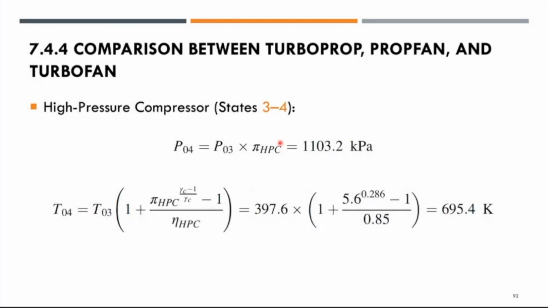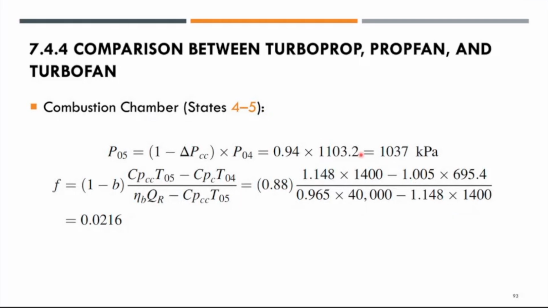Moving into the high pressure compressor, state 3 to 4, the high pressure compressor ratio times P03 gives P04 of 1103.2 kilopascal, and T04 is equivalent to 695.4 Kelvin. In terms of the combustion chamber, state 4 to 5, you have the pressure drop in the combustion chamber, which gives the pressure at P05 and the fuel to air ratio.